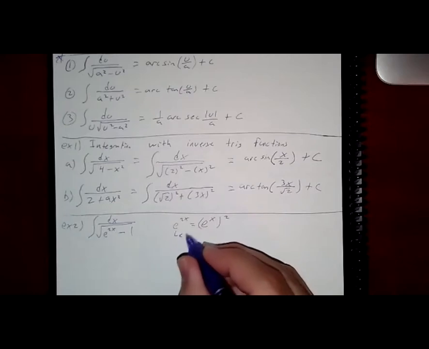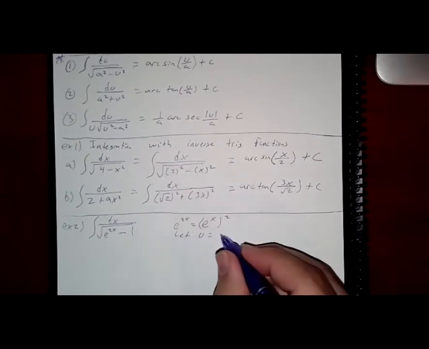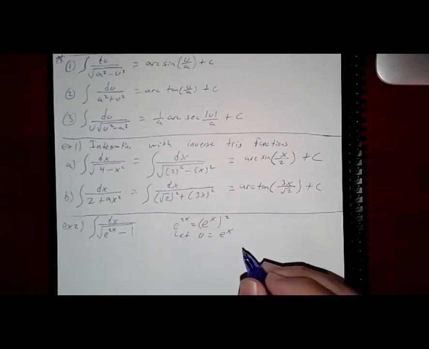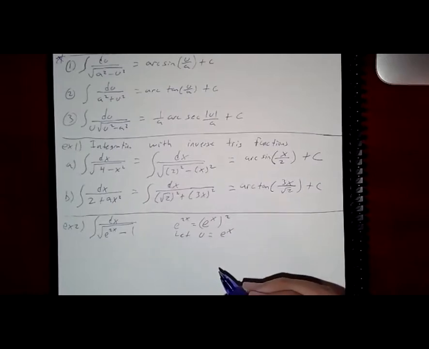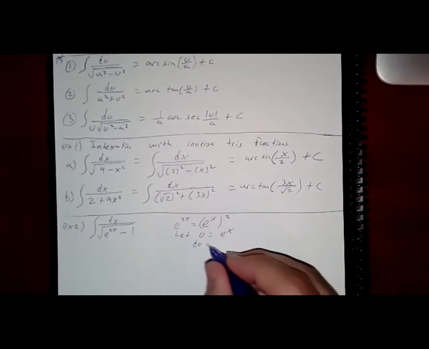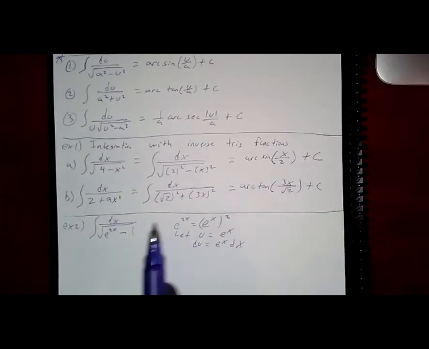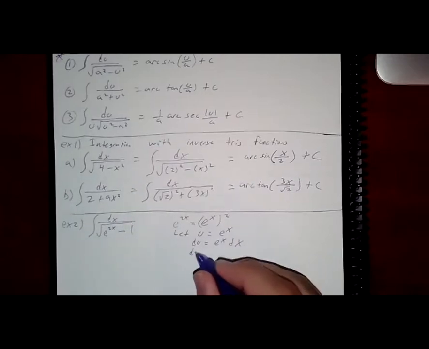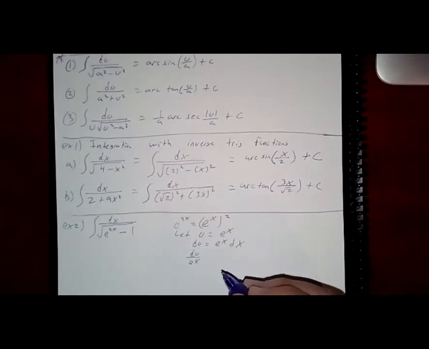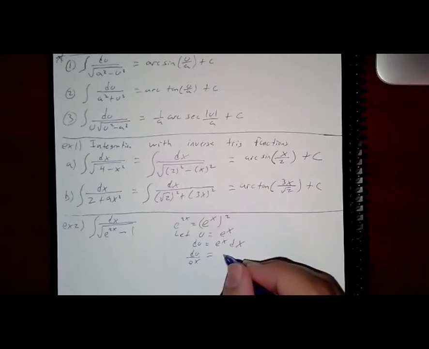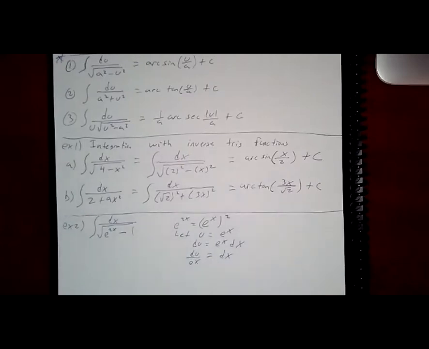So if I let u equal e to the x, then du would be equal to e to the x dx, right? Yes. But there is no e to the x in the question, so I'd have to divide that weirdness out. Well, that's not going to help me, is it? So, no, actually, I will. I wrote that weird.